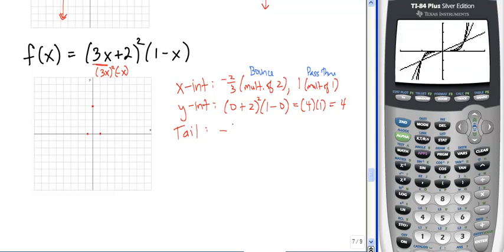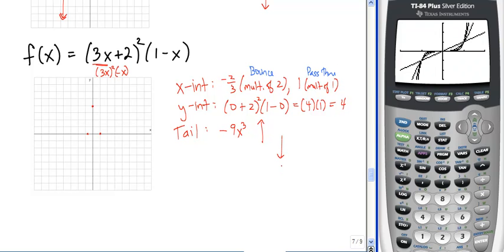So this becomes a -9, and then we have an x squared times an x, which is an x cubed. So make sure you take those coefficients along with you, because in this case it's important to note that this coefficient is negative. So since it's odd, we want to go either up, down, or down, up, and because it's negative, we want to start up and then end down.